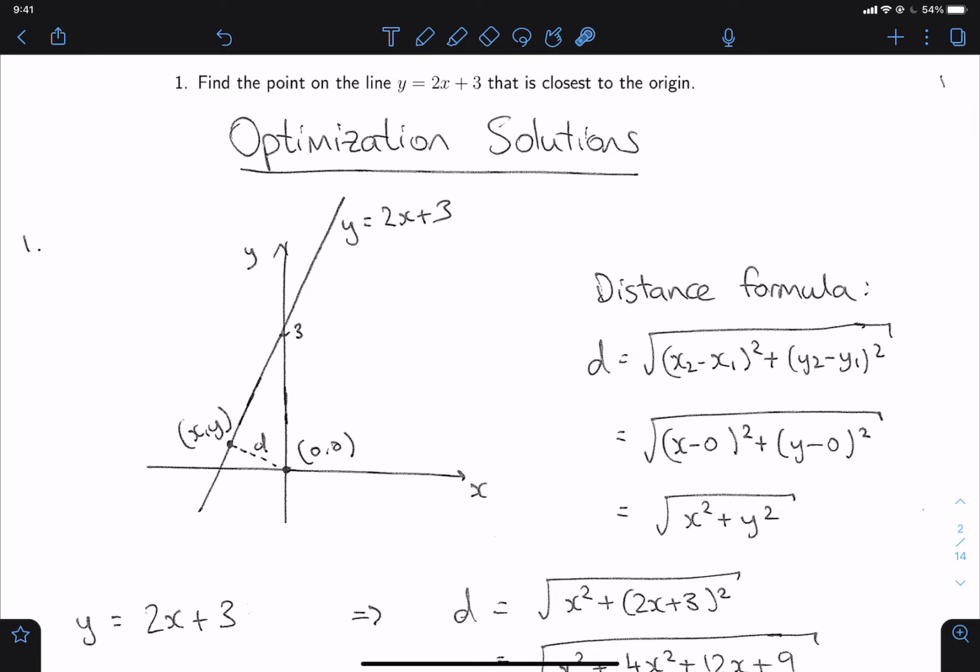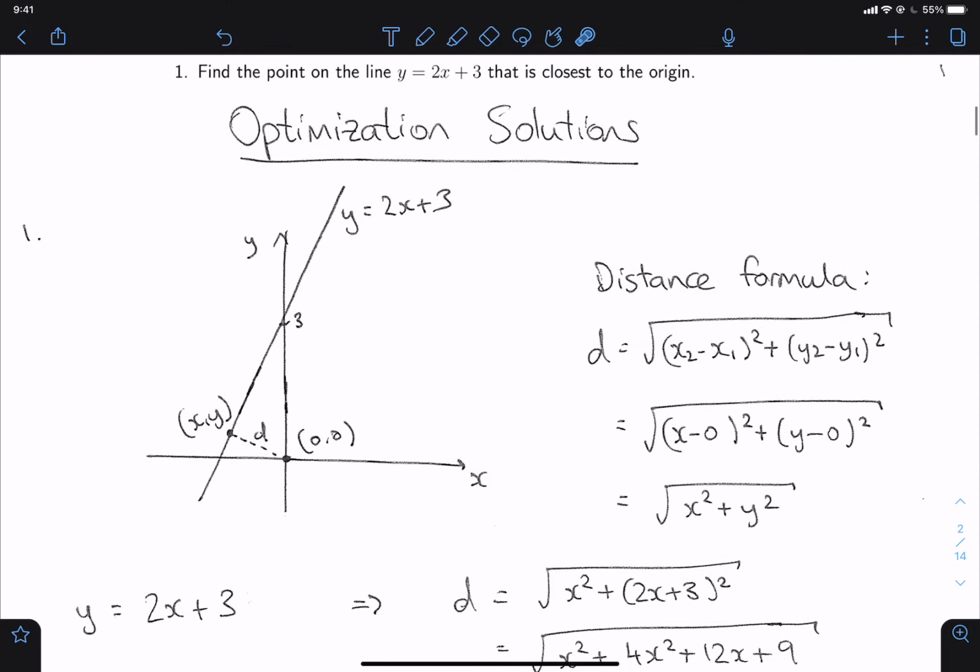Since we are looking for the distance from the point x, y to the origin, we take x2 equal to x, and x1 is the x coordinate of the origin, which is 0. And then plus y minus 0 squared, just plug into the formula.